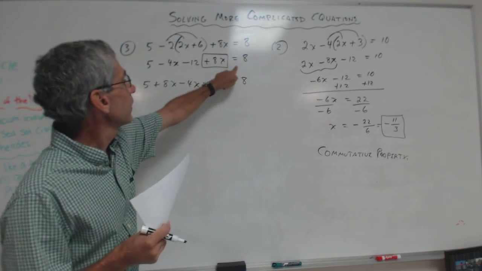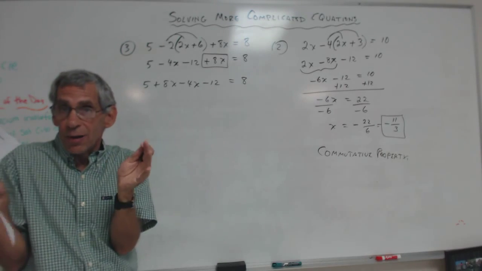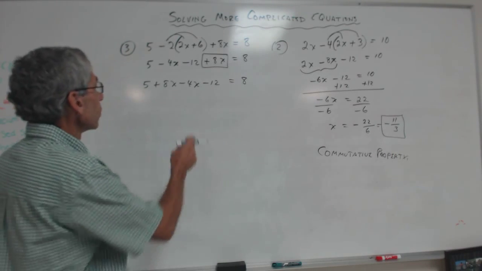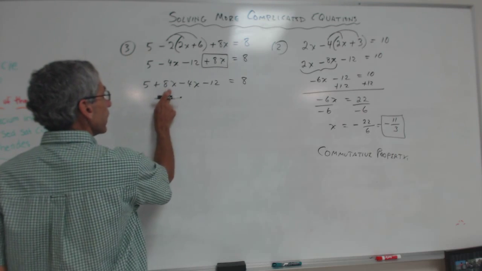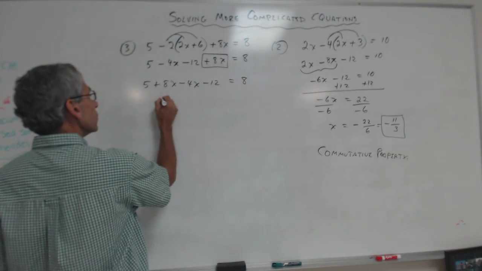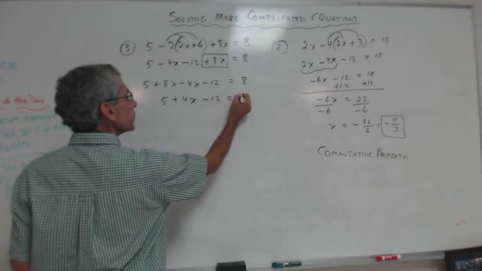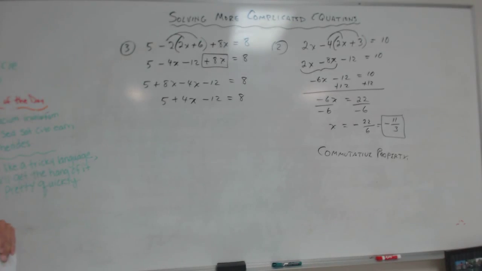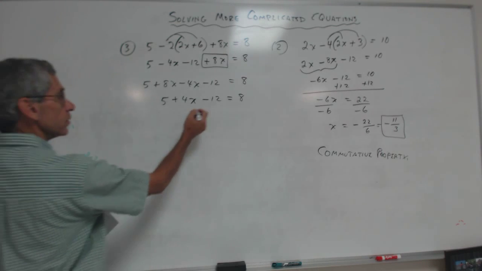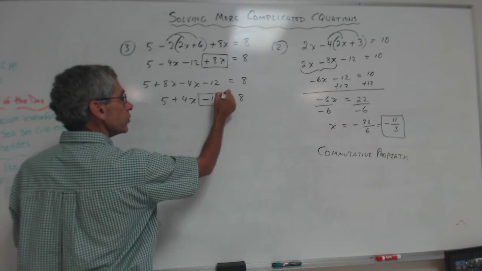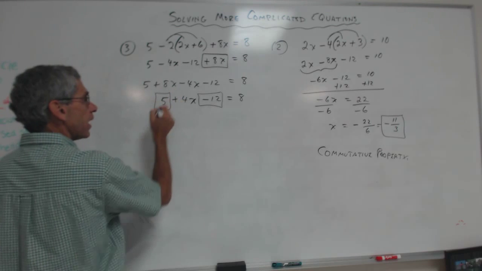Because they're on the same side of the equal sign, all I have to do is combine them. That's it. So it's 8x minus 4x, that's just 4x. So I have 5 plus 4x minus 12 equals 8. Now what would I do? Look at this. These are like terms, negative 12 and positive 5.